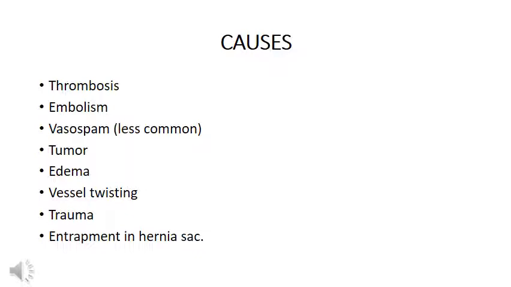We have already discussed thrombosis and embolism in detail. Embolism and thrombosis can cause necrosis of the coming tissues. This condition is known as infarction. We discussed in embolism that these conditions can cause infarction in any tissues.